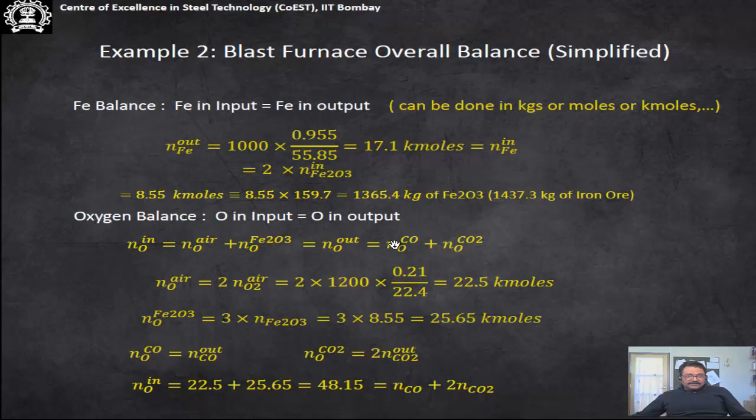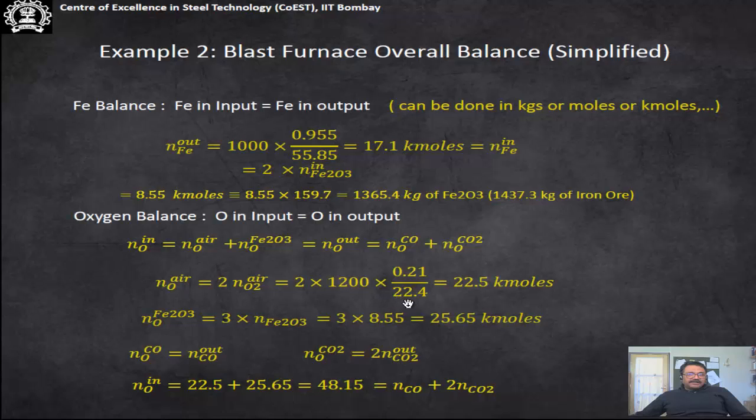Now we know the amount of air being put in, 1200 normal meter cube, and 21% of that is oxygen, and we know that 1 kilomole of ideal gas occupies 22.4 normal meter cube. So I can convert the normal meter cube into kilomoles by dividing by 22.4. This gives you the number of moles of O2.